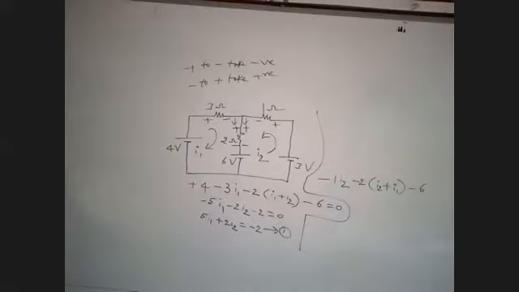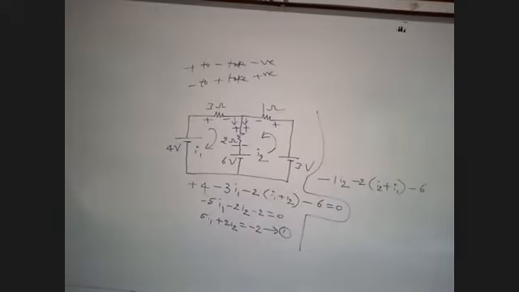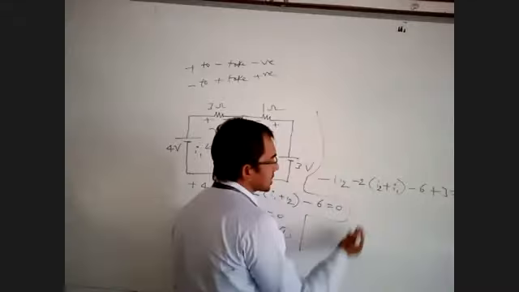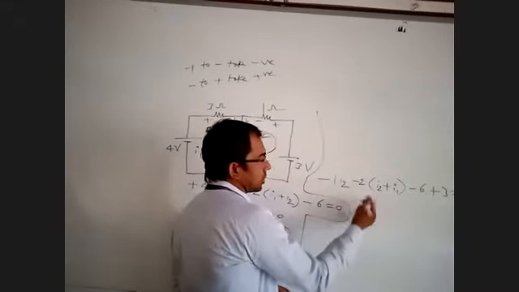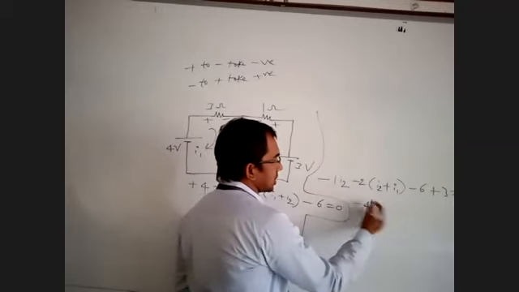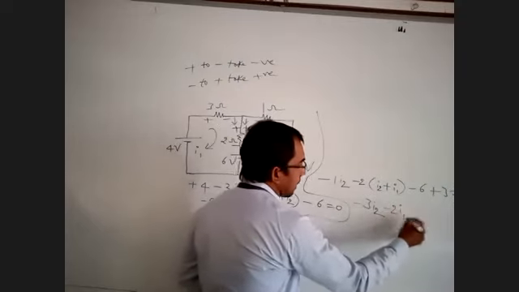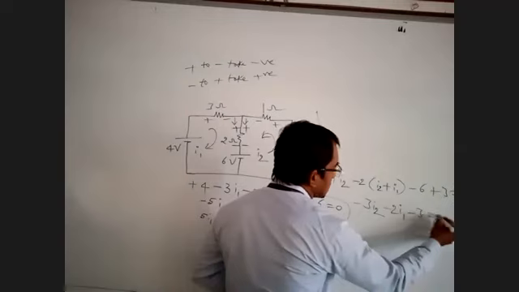Now I2 in the 3 volts: how is I2 flowing? Negative to positive. Negative to positive means positive, plus 3. Now simplify this. Minus 2 I2 minus 1 I2, that is minus 3 I2, minus 2 I1, plus 3 is equal to 0.